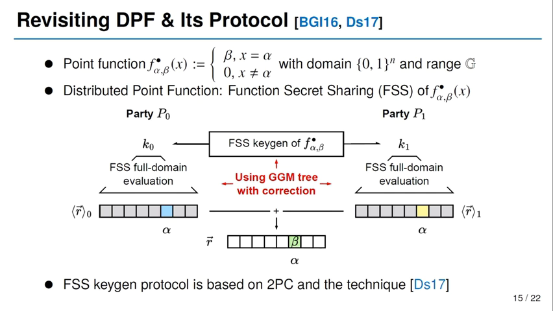And in the second phase, each party uses its DPF keys to perform local full-domain evaluation to obtain its additive secret share of a vector R. The sum of the 2 additive shares gives a vector R, and this vector R is the full-domain evaluation of the point function f_{alpha,beta}.